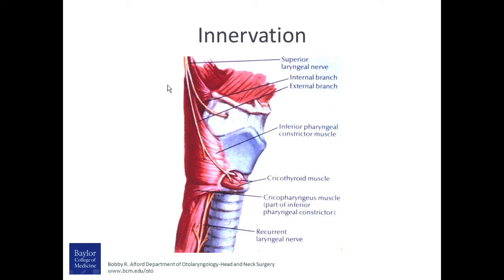The superior laryngeal nerve also has an internal branch, and this internal branch does sensation to the supraglottis. Sensation to the glottis itself is provided by the recurrent laryngeal nerve.